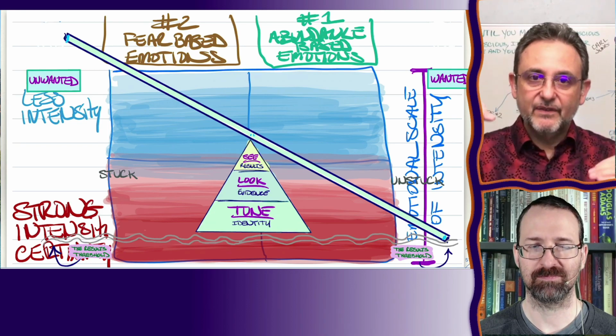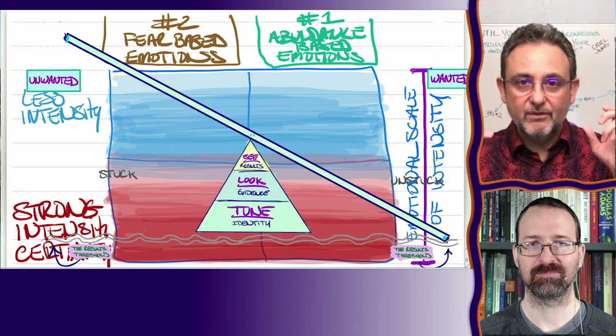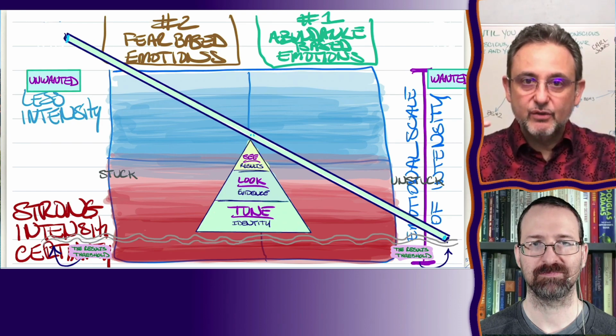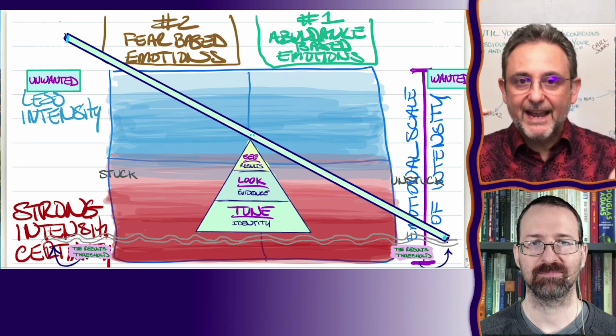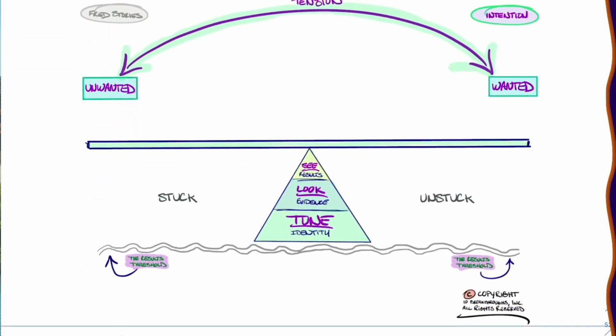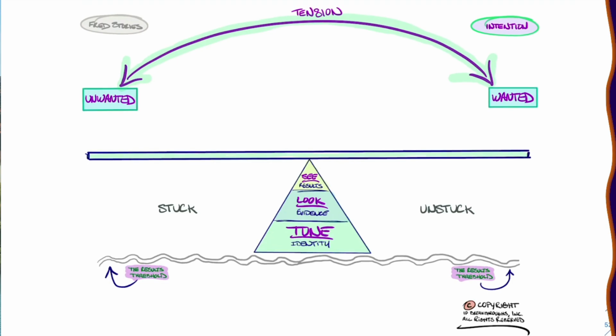And on the other hand, if it's a core belief or an expectation that you can't lose weight, then it's going to be really hard to overcome that, because you've got it rooted down on that side of the seesaw. So what you end up with is this tension where the unwanted informs the wanted.